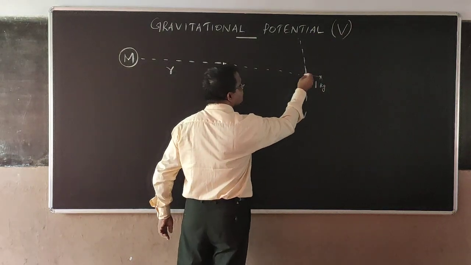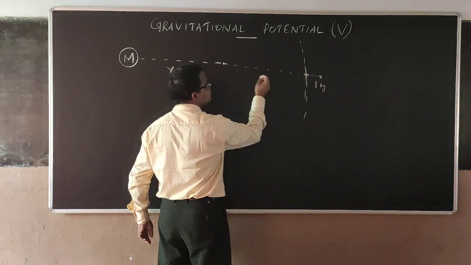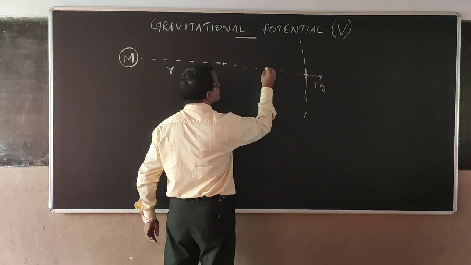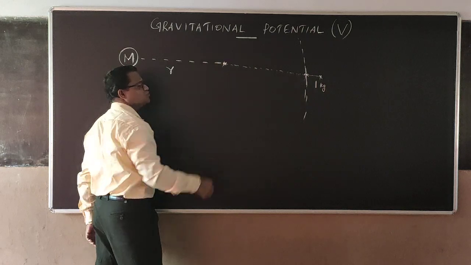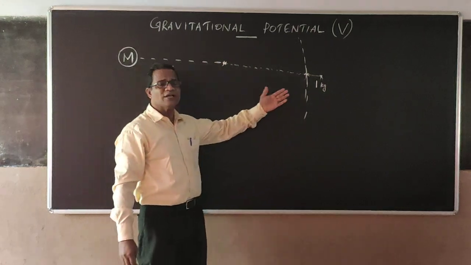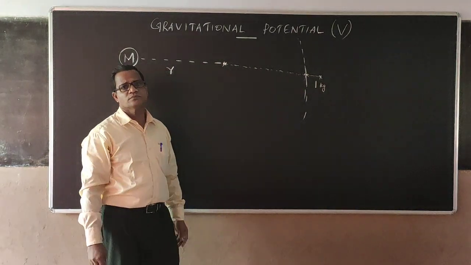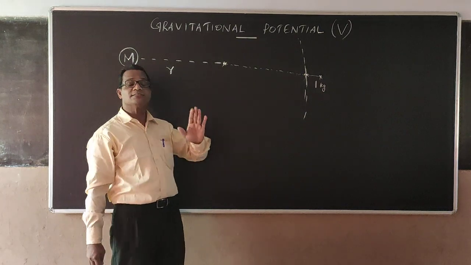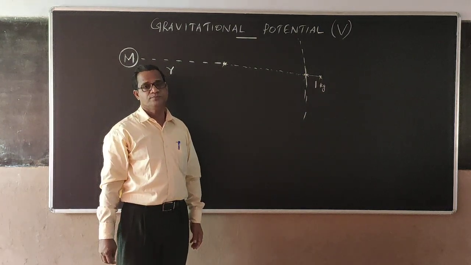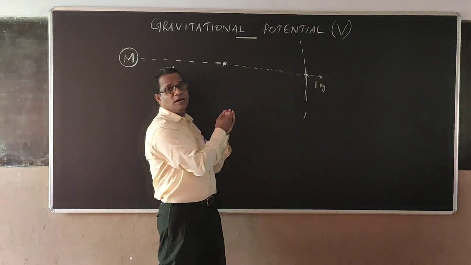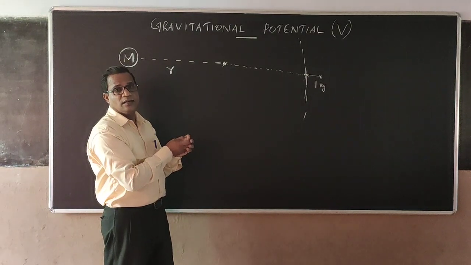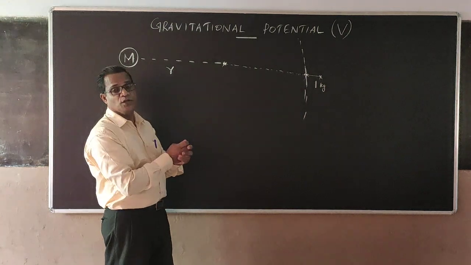So it starts experiencing an attractive force, and thereby the test mass will be gradually pulled toward it. In that case, you don't have to do any work. The work is done by this mass here. As the work is done by that mass, its energy will be reducing.